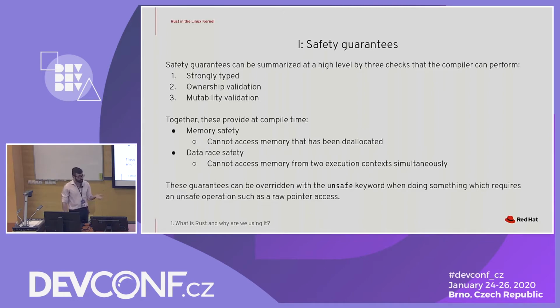And together, these provide some pretty attractive guarantees. So we're going to have memory safety, so no dangling pointers in safe Rust. We have data race safety, so we can't access data from two locations at any one time for write access. And these guarantees can all be overridden with the unsafe keyword.